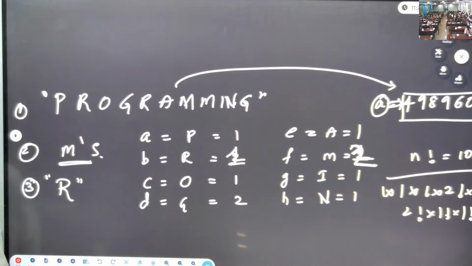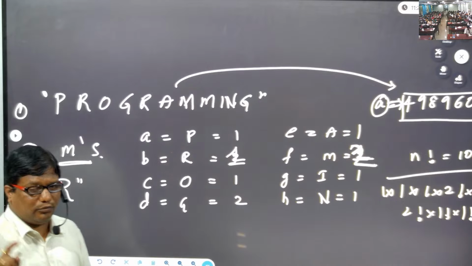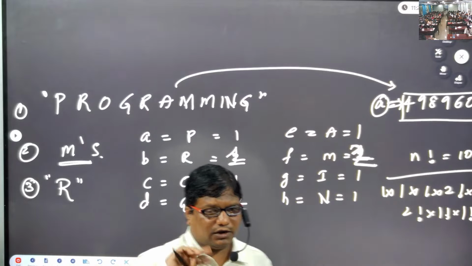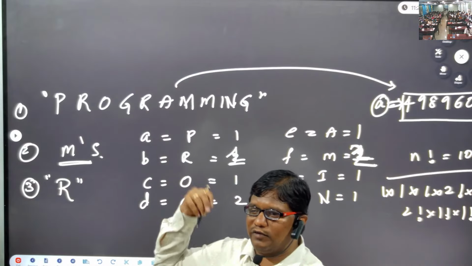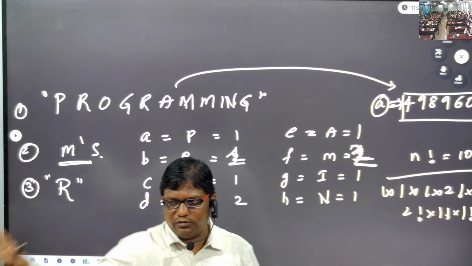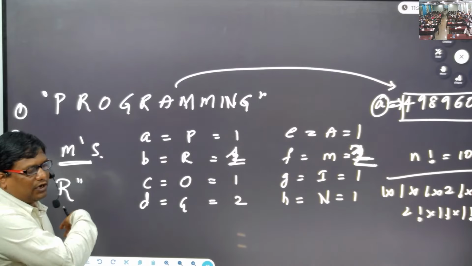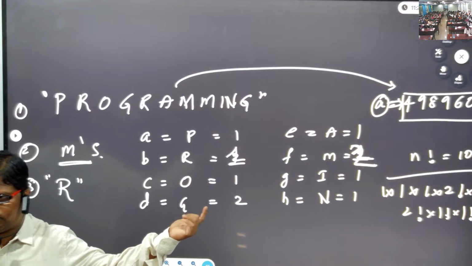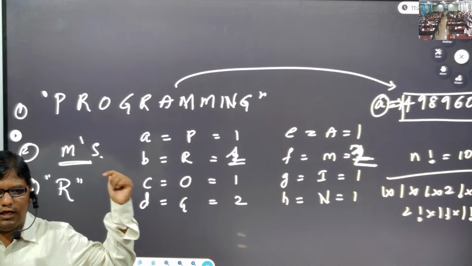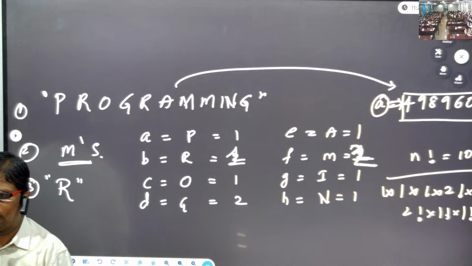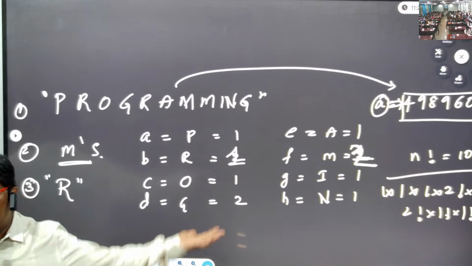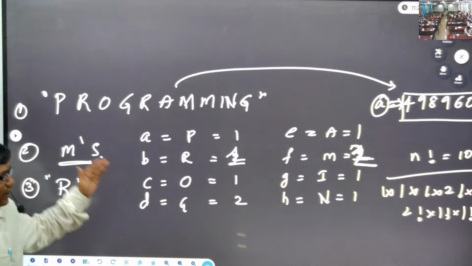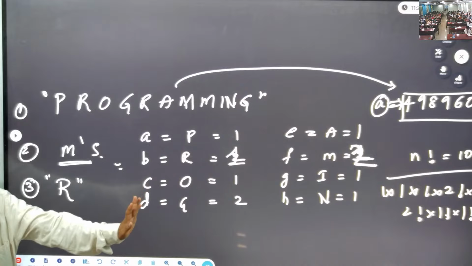In the second question, we are making the m value become 1. In the third question, you are making your r value removed. That is, one value is already available, and we are going with the remaining 10 counts. N value is equal to 10 and the R value we are making it 1.